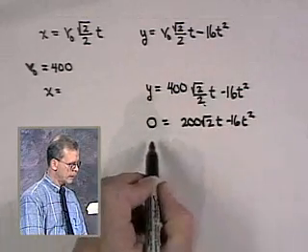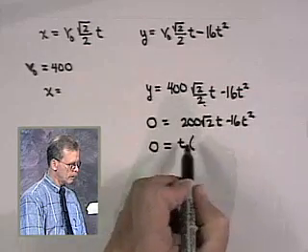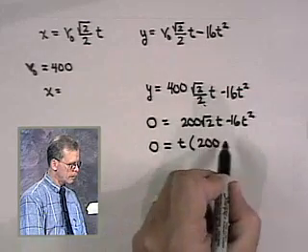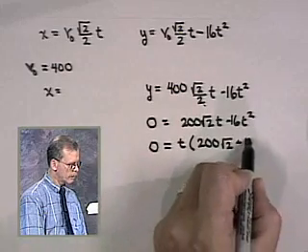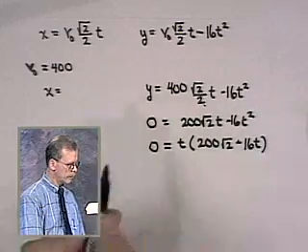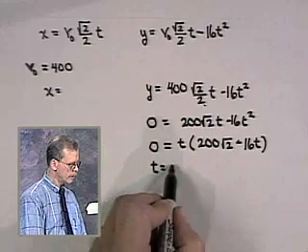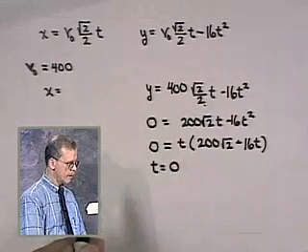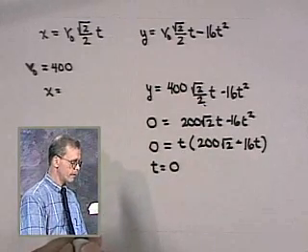Well, we can factor this as well and get 0 equals t times (200 radical 2 minus 16t). We see from this that t can have two values. t equals 0. That's not too surprising. The projectile is on the ground when it's fired.